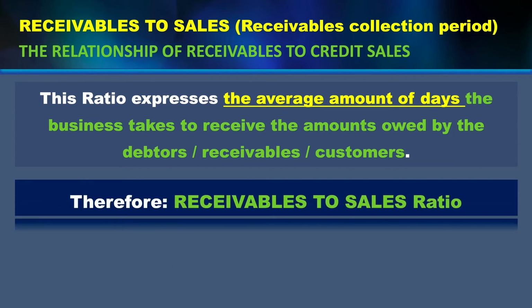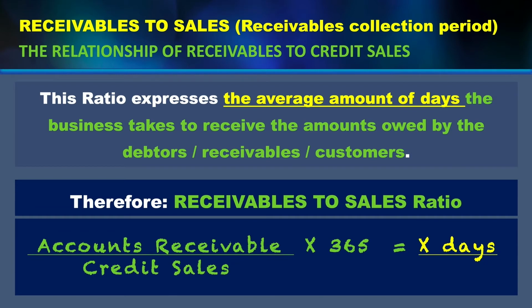So, just want to point out that for the receivables to sales ratio, the formula is in the name. What are the two things they have? Receivables, sales. So it's basically your accounts receivable over your credit sales. Credit sales particularly, because it's credit sales that produce debtors or receivables.